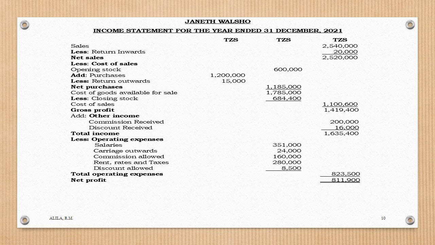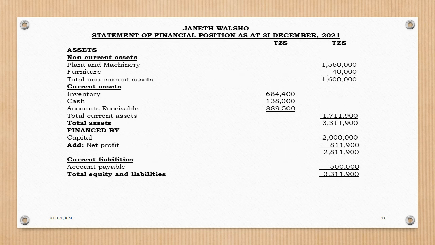Operating expenses: salary, carriage outward, commission, rent, rates, taxes, and the discount allowed. These are total operating expenses. If we deduct total operating expenses from our total income, we get a net profit. And this net profit will be transferred to capital.